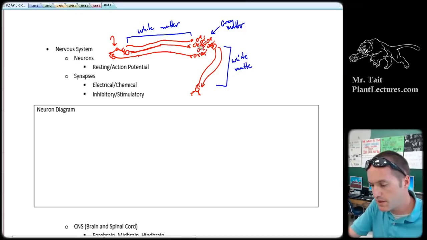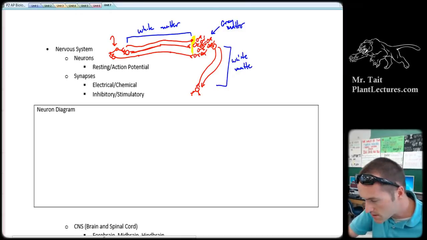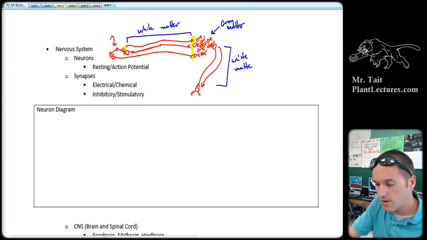The spaces in between these neurons, like in here, these are called synapses, and synapses are all going to be either electrical or chemical. If we're talking about the ones that are in between here, we can assume these are part of the peripheral nervous system because of the long axons here.